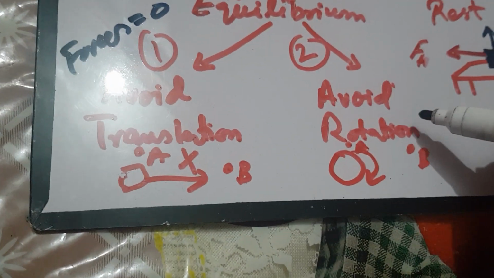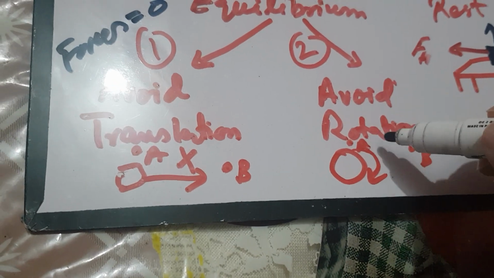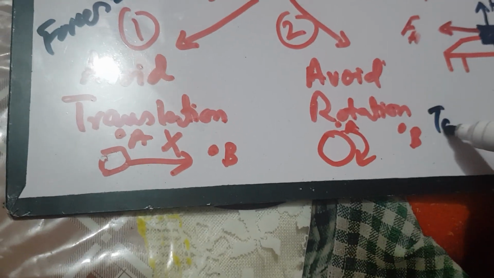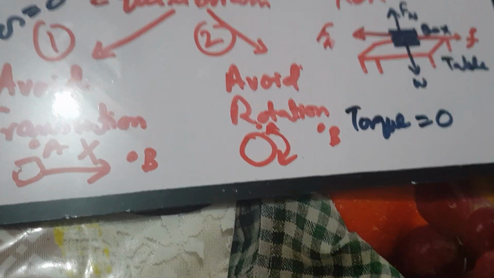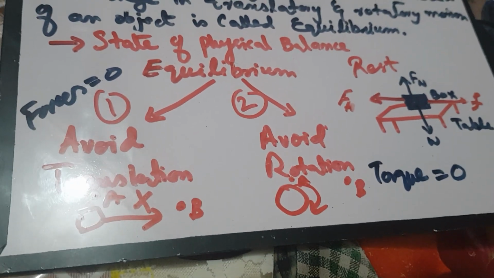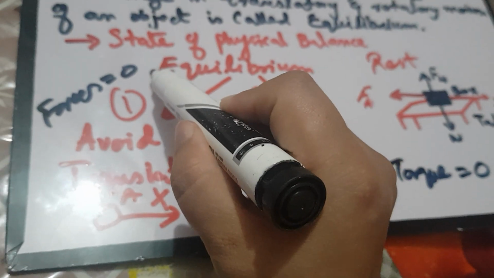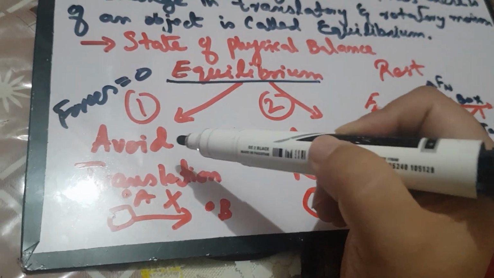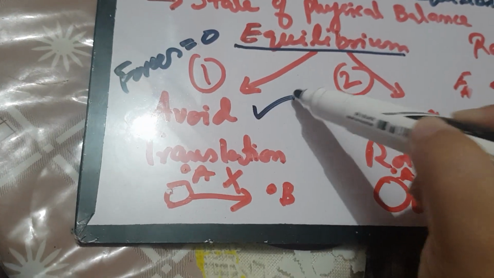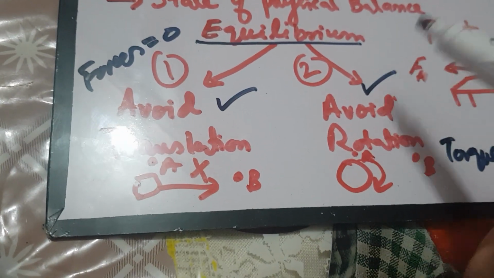And in the second condition of equilibrium, to avoid rotation, it means that torque must be equal to 0. So it's very simple. I'm giving you the hint that to attain the condition of equilibrium or the state of equilibrium, you must avoid translation, and you must avoid rotation.